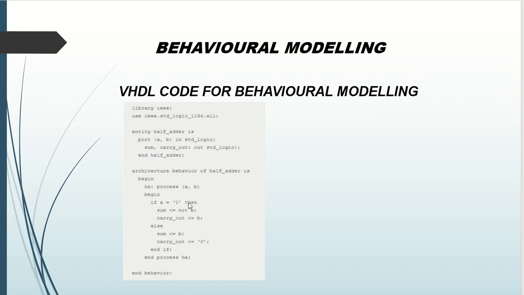If A equal to 1, then sum <= not B; carry_out <= B. Else sum <= B; carry_out <= 0. End if; end process; end of behavioral model with end name. The name is behavior model.